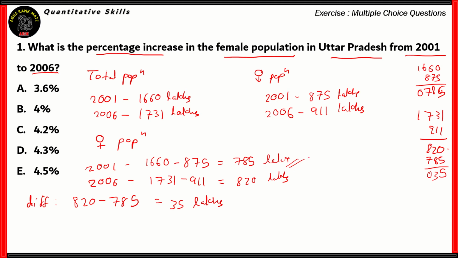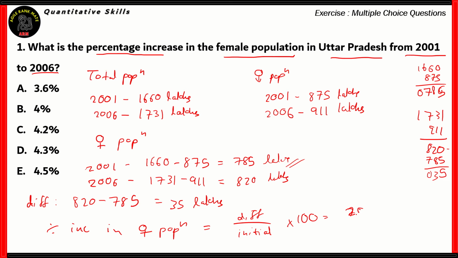Now, we need to find out the percentage increase in the female population in Uttar Pradesh by 2006. So we have to take difference over the initial population, multiply that by 100 to make it percentages.